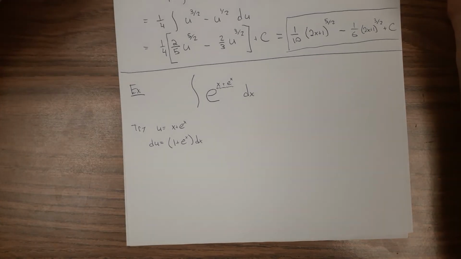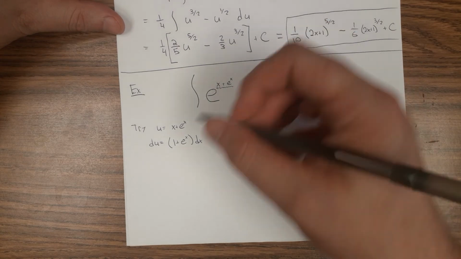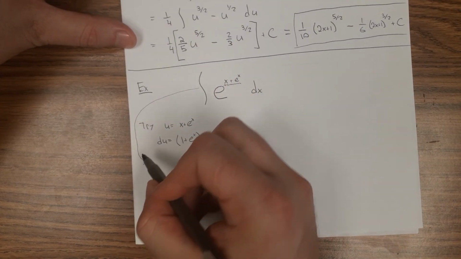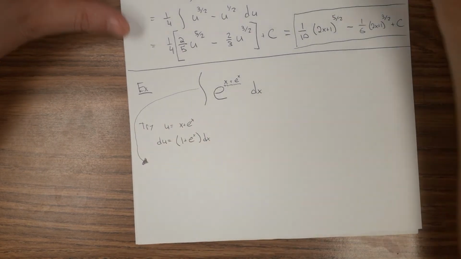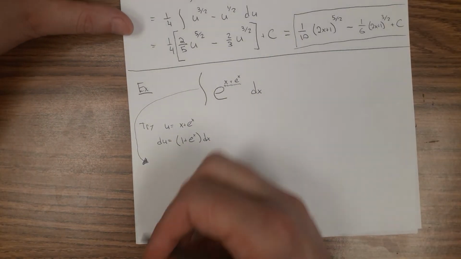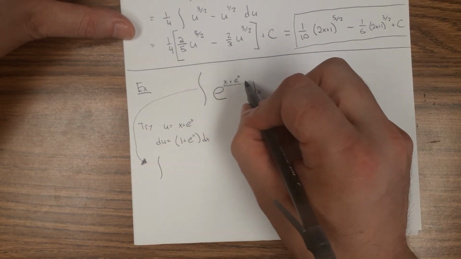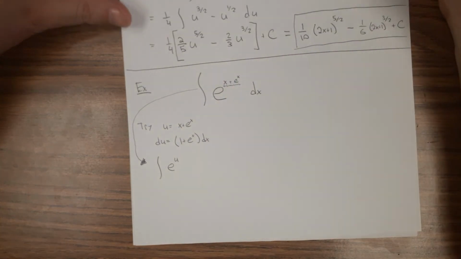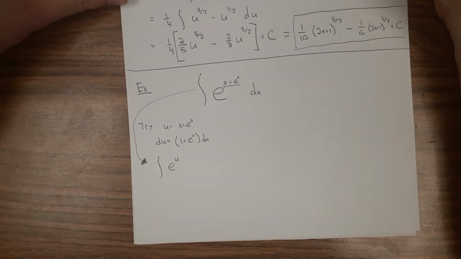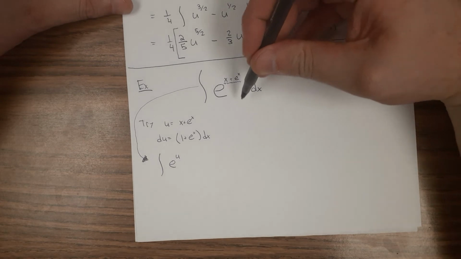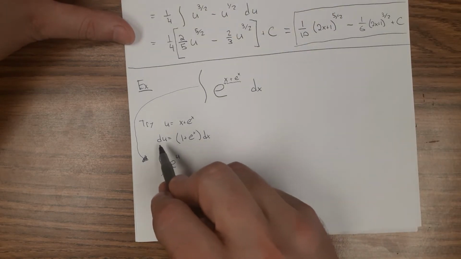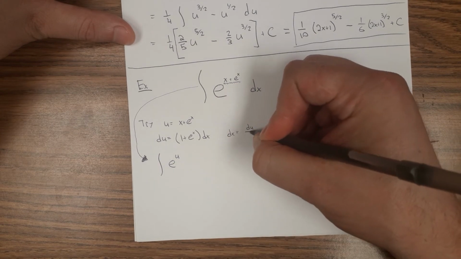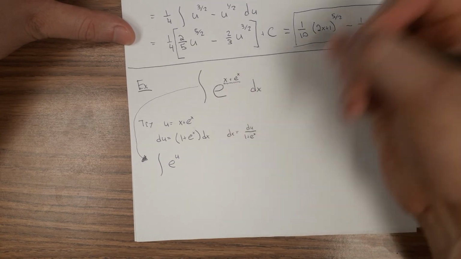And then, yeah, this integral, I'm going to start trying to complete the substitution. Part of it seems obvious. The whole point of making this u is so I can write e to the u. And then, well, I've got this dx, but maybe that doesn't worry me yet, because I can always just solve this for dx. Dx is du over 1 plus e to the x.